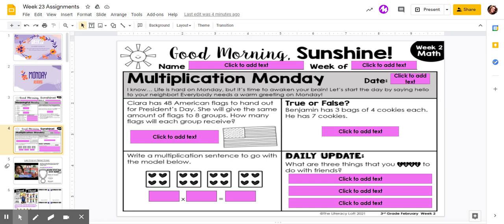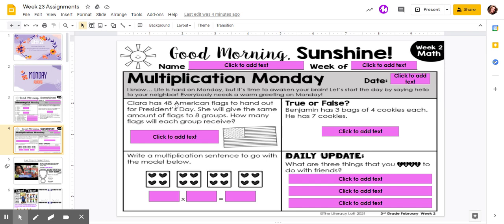So you need to ask yourself, it's Multiplication Monday, so I'm going to be doing either multiplication or division. If you start with the biggest number, if they give you a big number, is it going to make sense to multiply or is it going to make sense to divide? And remember, if you decide to divide, you can use multiplication to help you solve the problem.